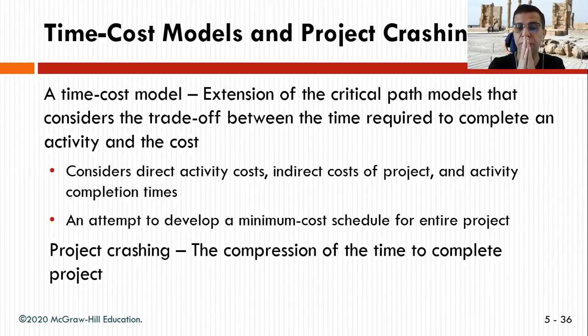In the time cost model, the extension of a critical path model considers the trade-off between the time to complete an activity and the cost, and we'll show it in the graph. So you need to consider the direct activity cost and indirect cost of a project and the activity completion. It is an attempt to develop a minimum cost schedule for the entire project.